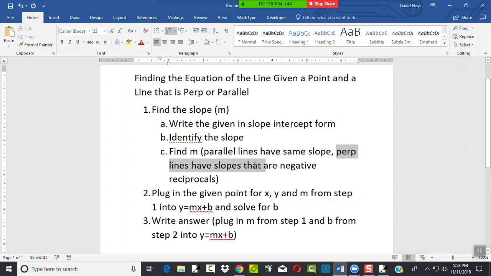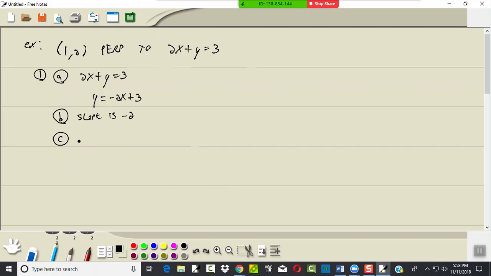Perpendicular lines have slopes that are negative reciprocals. What in the world does that mean? Well, we start with a slope from the given line, which is negative 2. Then we're going to write it in fraction form. How can you always create a fraction? By putting it over 1.